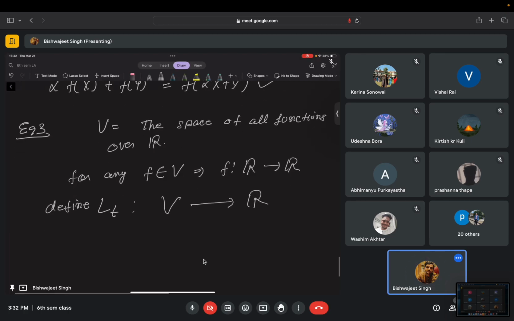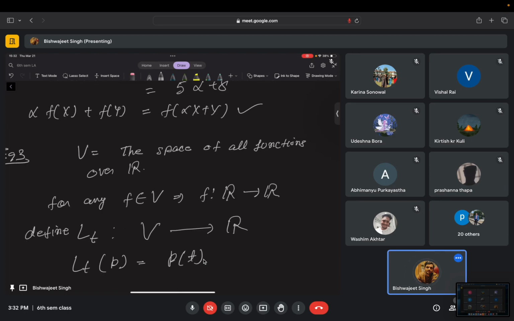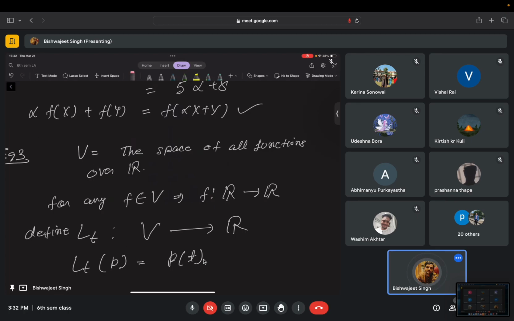Okay, and this LT of P is actually equal to P of t, right? So okay, we can do something here also. To make it easier and more understandable, let us take the set of all polynomial functions.